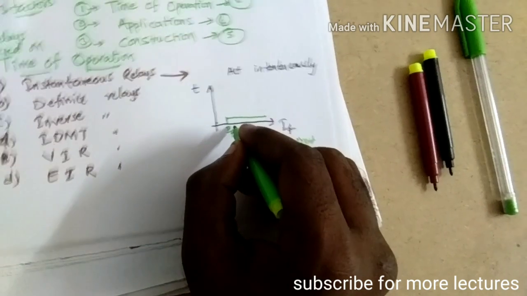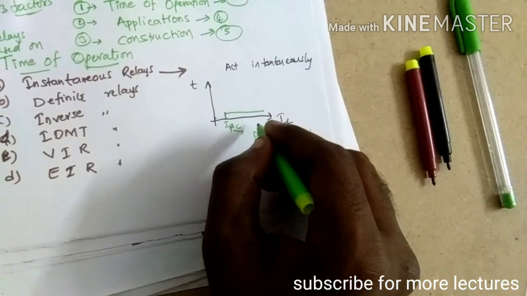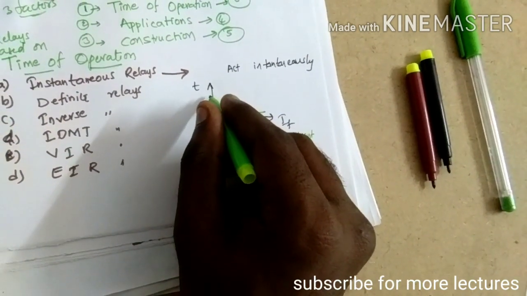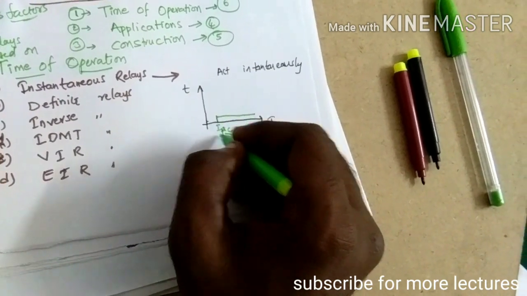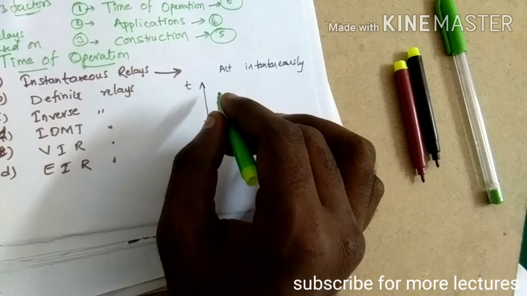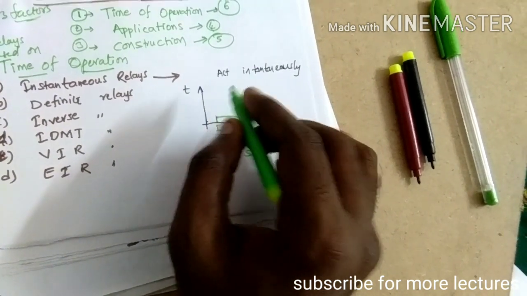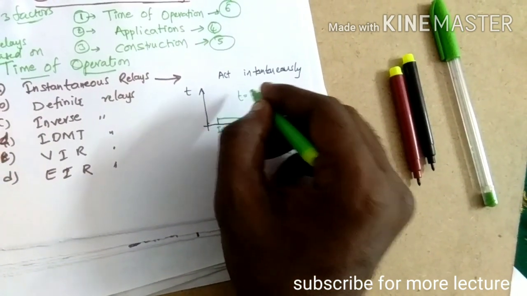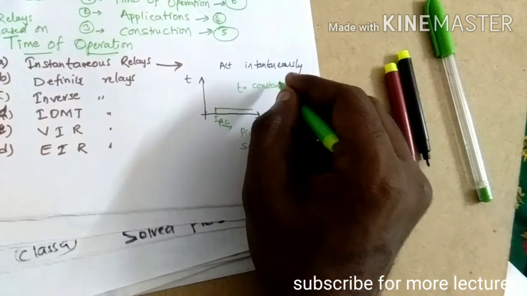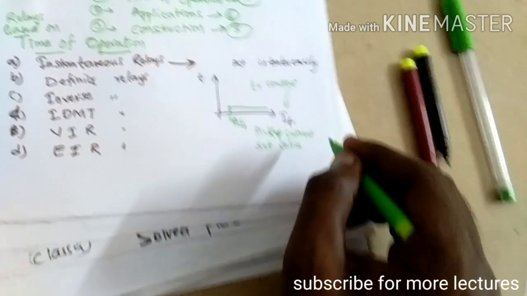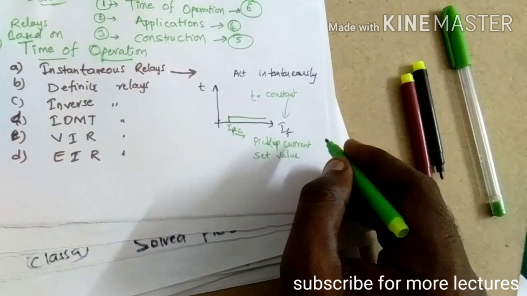If the fault current magnitude increases, that does not affect the time of operation. When it crosses the pickup current, the relay acts immediately. So time is constant, in the sense it does not depend on the fault current magnitude.